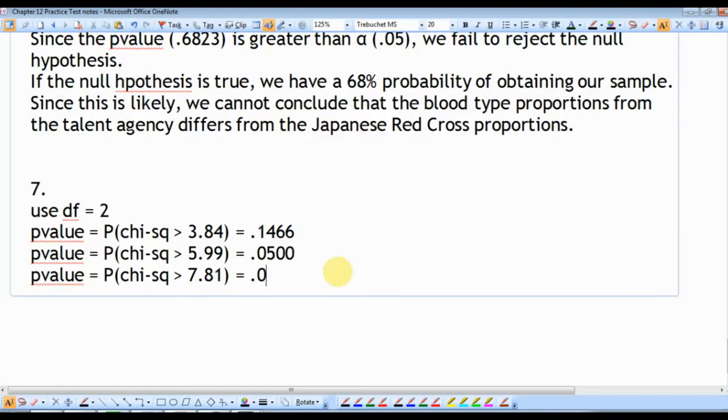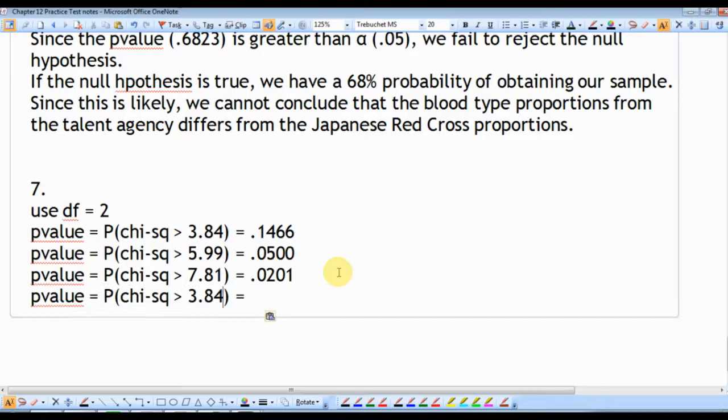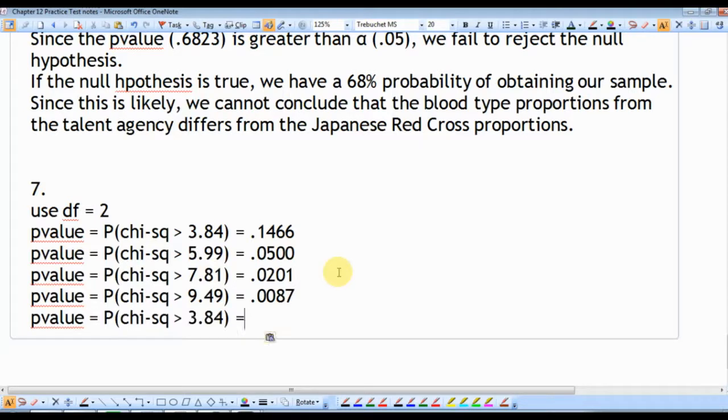Next one is 0.0087. At 9.49: 0.0087. And then the last one is 8.8 times 10 to the negative 4, so you could say approximately 0, at 14.7.